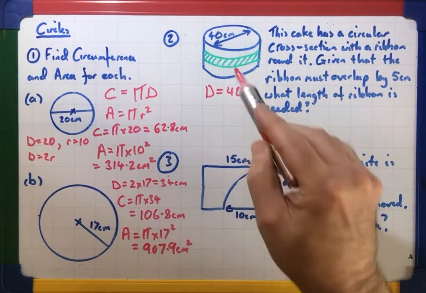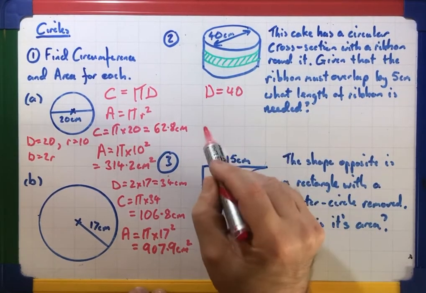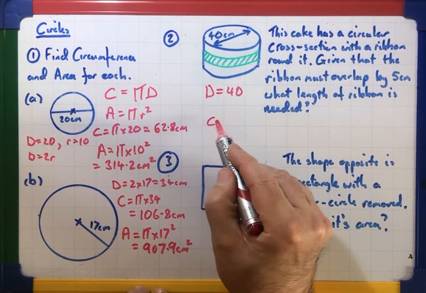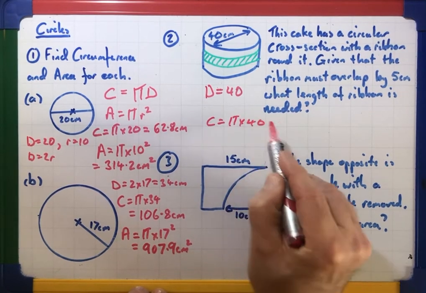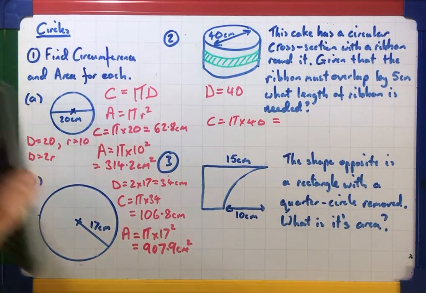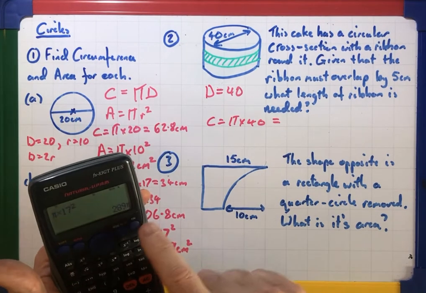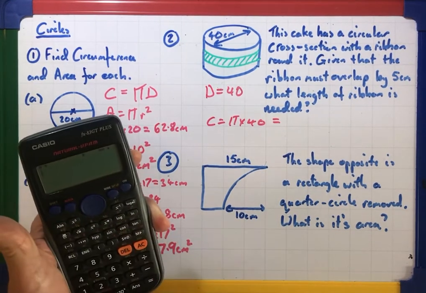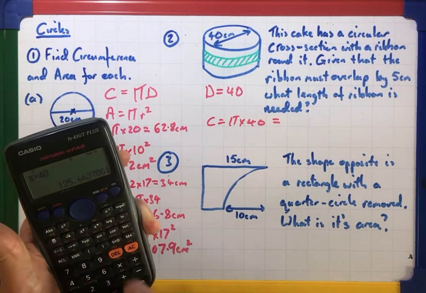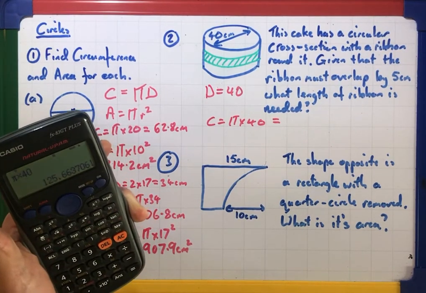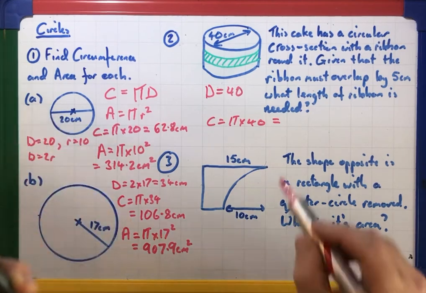So round the cake would be pi times 40, which if I work it out on my calculator, 40 pi, S to D to turn it into a decimal, gives you 125.7.